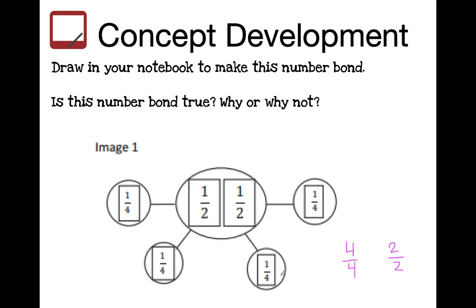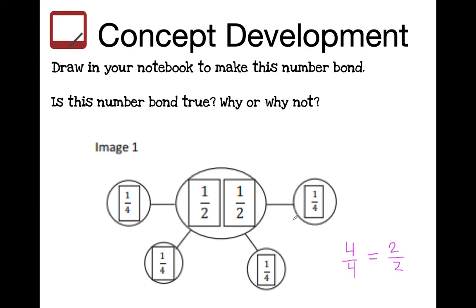So if I have 4/4 and I also have 2/2, they're both equal to 1. So what does that mean? Are they all equal? Is 4/4 equal to 2/2? They are equal. And so is this number bond true? The number bond is true.